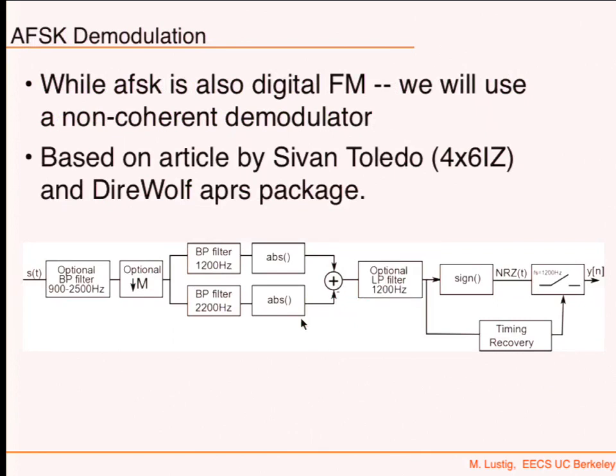Okay? So here's how it's done. You get the signal in, and you do an optional bandpass filter between 900 and 2500 Hz, so it covers the bandwidth of AFSK. Now, if you just had random Gaussian noise, you wouldn't really need this. But since noise is not necessarily random Gaussian, there can be other interferences.